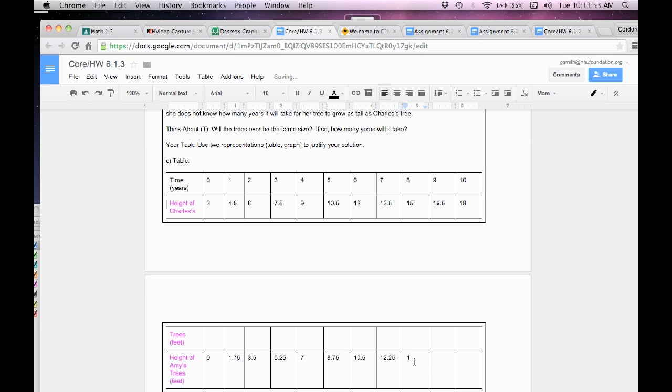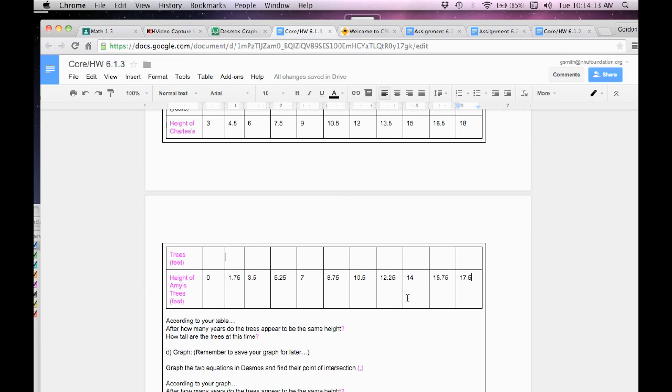It's going to be 14 feet tall, 15.75, and then 17.5 feet tall. So at 10 years, you can see her tree is almost caught up to Charles. It's only a 1/2 foot shorter now.